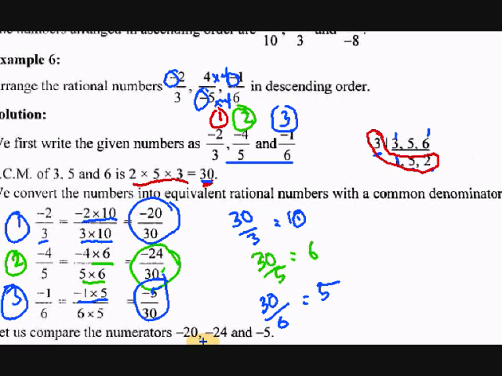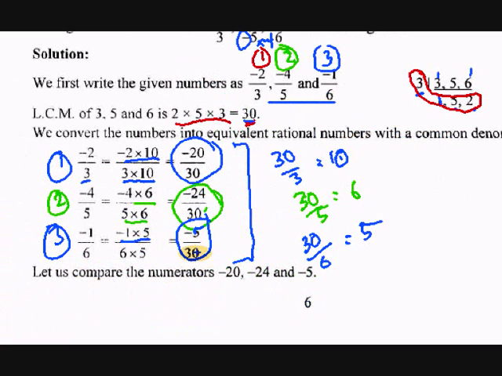We got the three fractions rewritten in an equivalent way. Now let us compare the numerators. Since the denominators are common, we can ignore them for now. The numerators are -20, -24, -5.